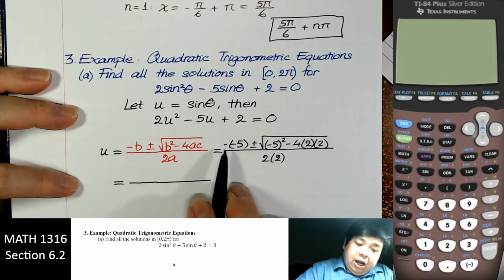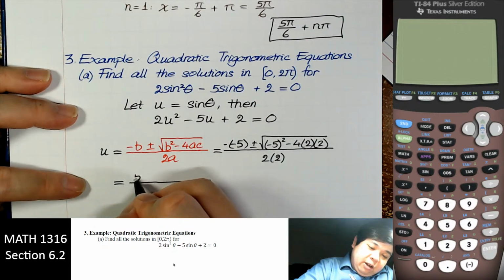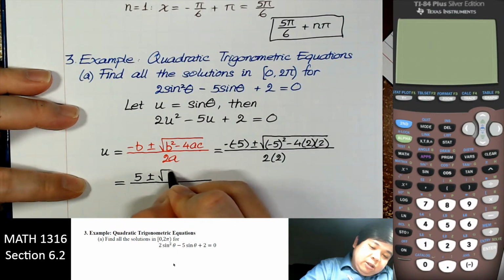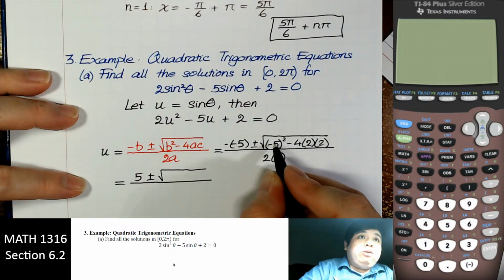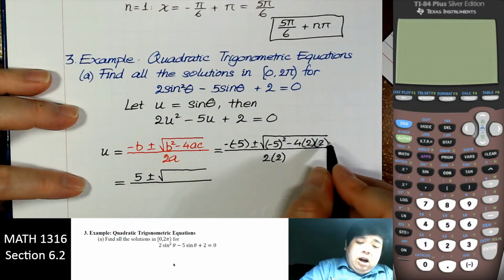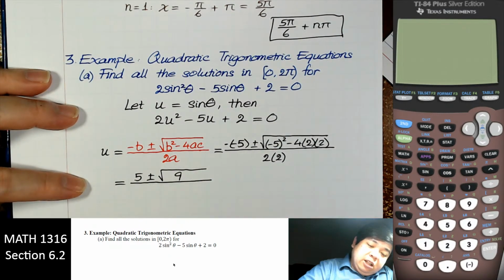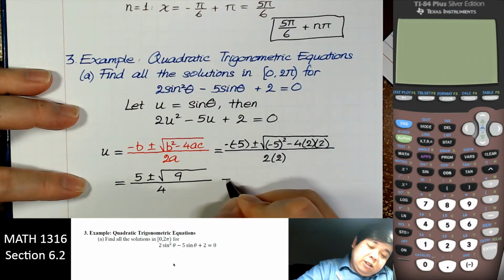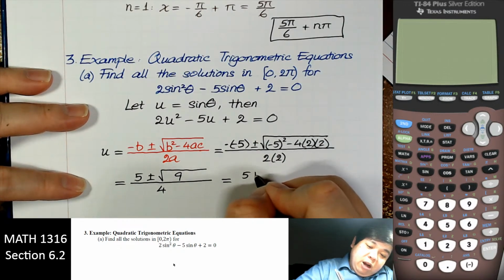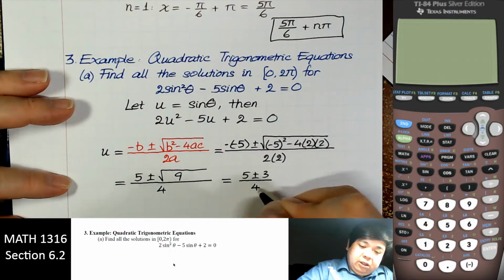Right, negative, that's a 5 plus or minus 5 squared 25 minus 16, that is 9. So I have 5 plus or minus 3 divided by 4.